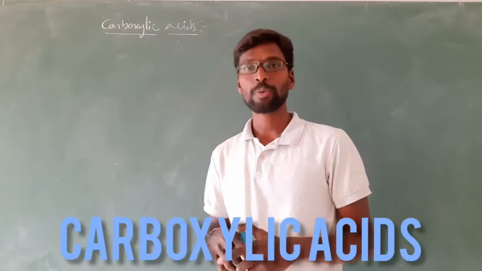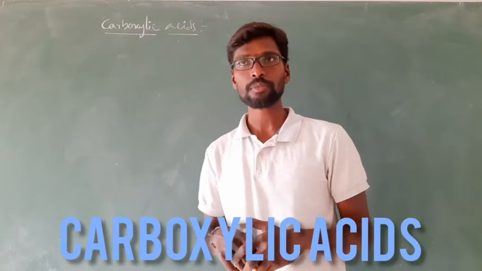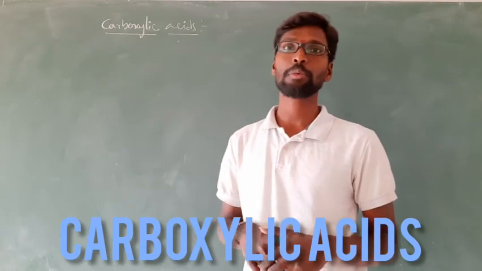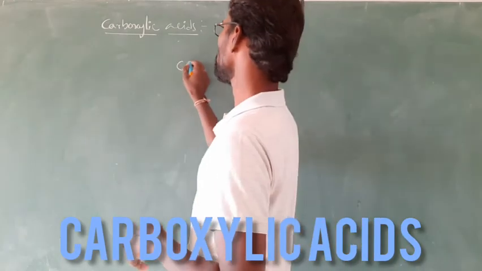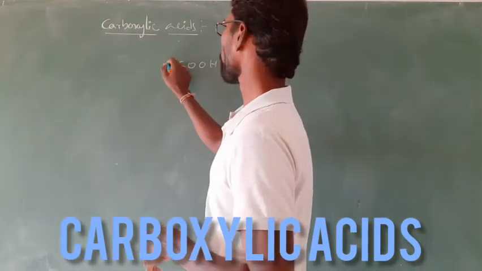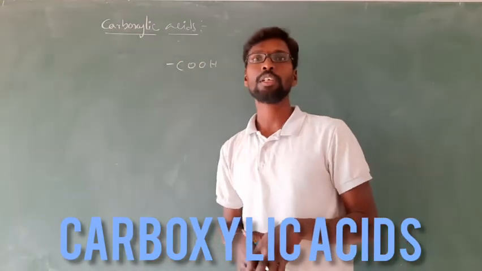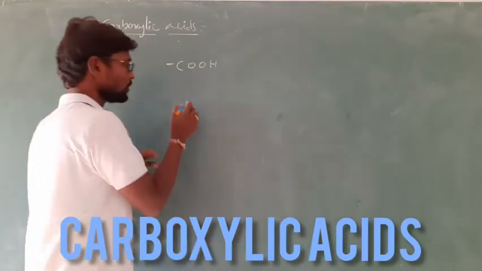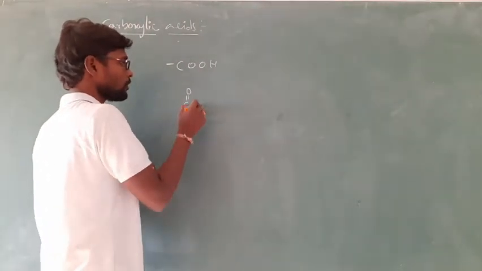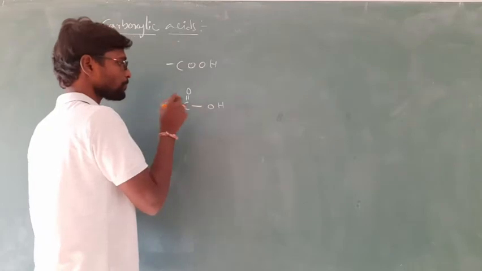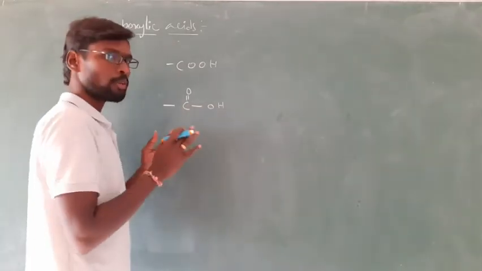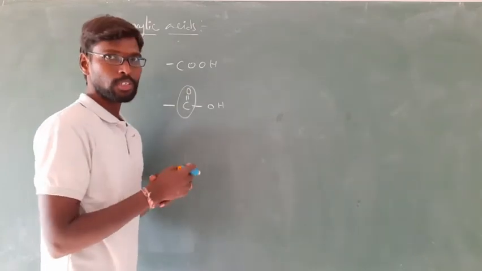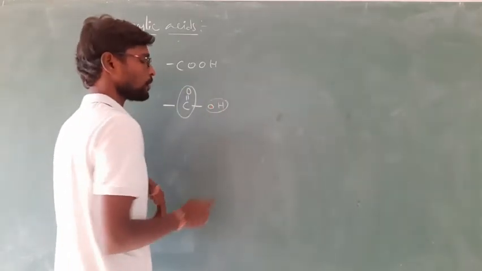So what are carboxylic acids? The carboxylic group is COOH. It is a combination of two functional groups: the carbonyl group, C=O, and the hydroxyl group, OH.